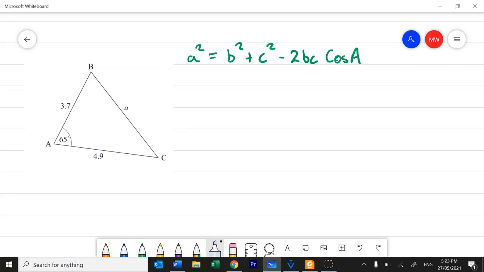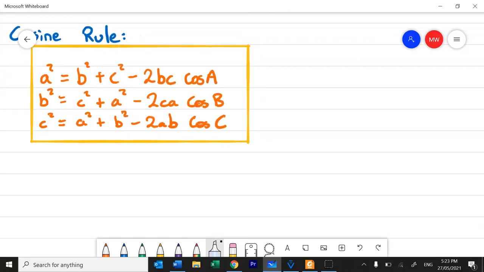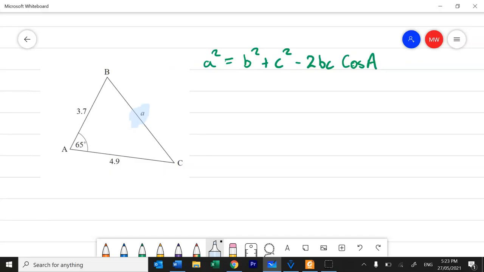And in this question, it wants us to find out what A is. So we're going to have a look across and choose the appropriate cosine rule, which in this case is a squared equals b squared plus c squared minus 2bc times cos A. And now what we're doing is we are going through and filling out the blanks. So we don't know what a squared is.